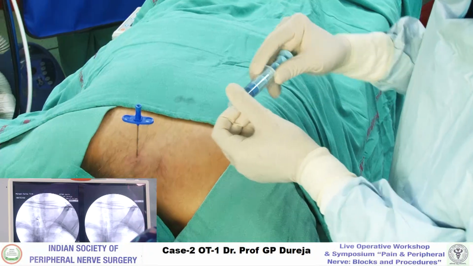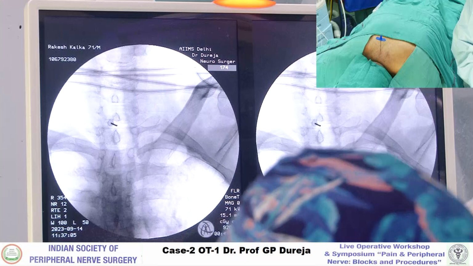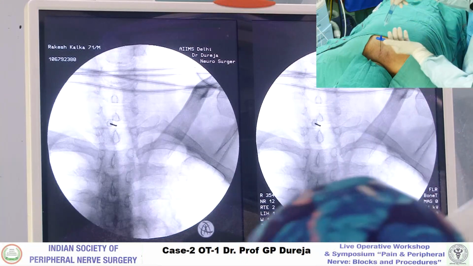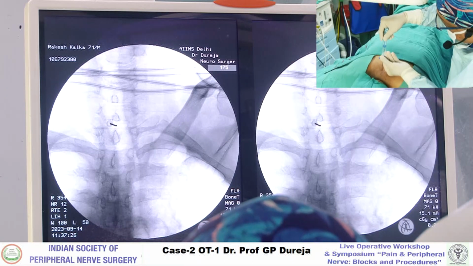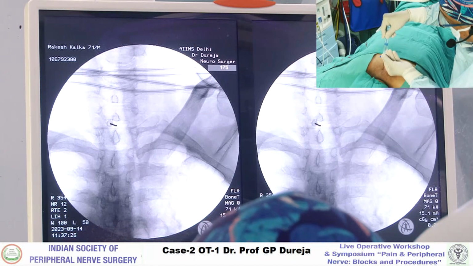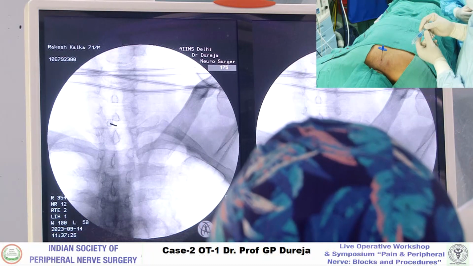So my needle is directed a little bit on the right side. As you can see, I am putting on this syringe, the loss of resistance syringe. Check.